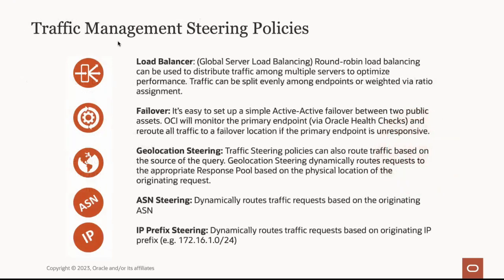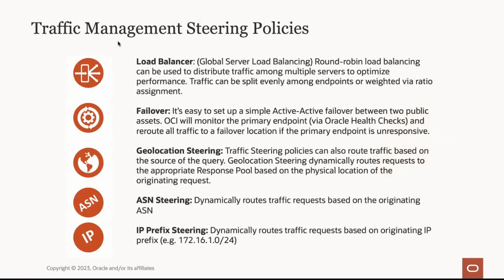Now, from a traffic management perspective, I'll again tee off a question to Jason after this slide. You have a lot of capabilities from an OCI perspective, whether you want to use an active failover design, where you have an active deployment in one region and a failover deployment in another region, and when something goes down, it automatically switches to the failover. You can also provide different backends closer to your customers' proximity.